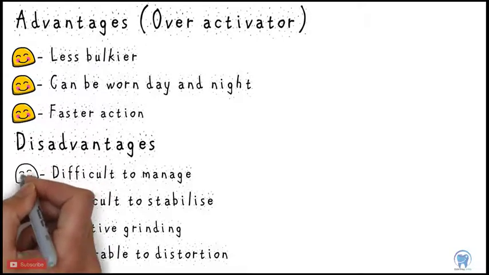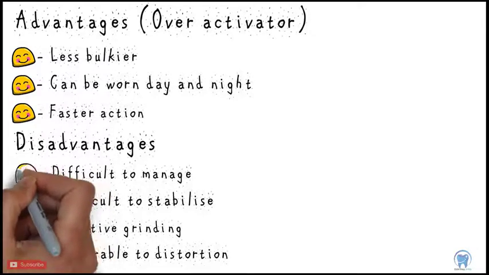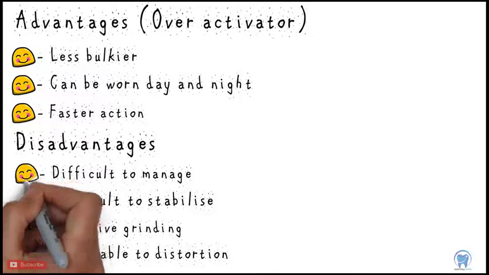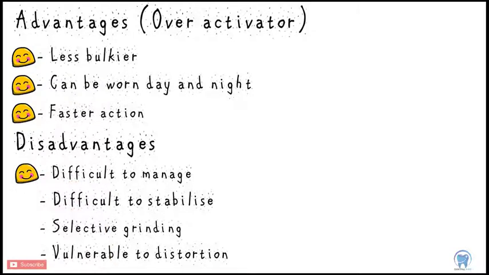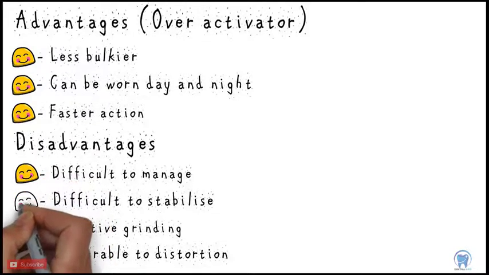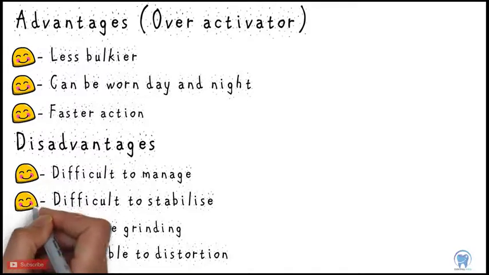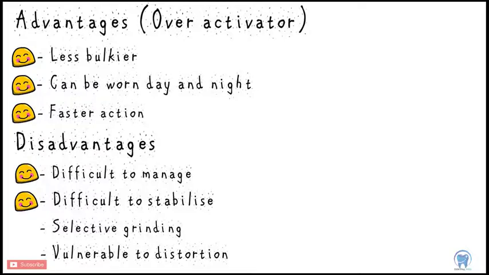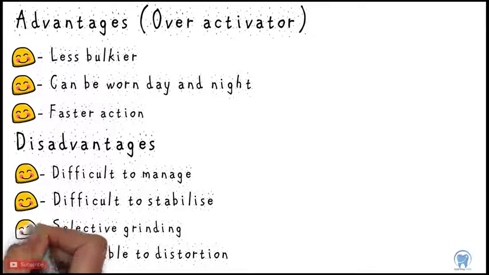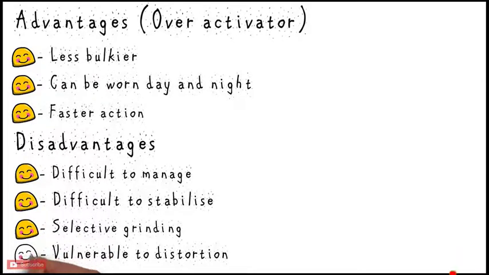The disadvantages of a bionator include that it is difficult to manage, it is difficult to stabilize, then there is selective grinding which is needed, also that it is more vulnerable to distortion.